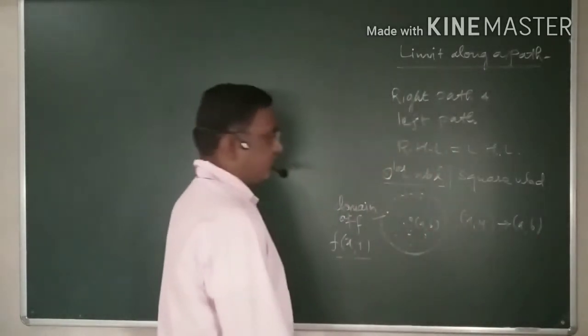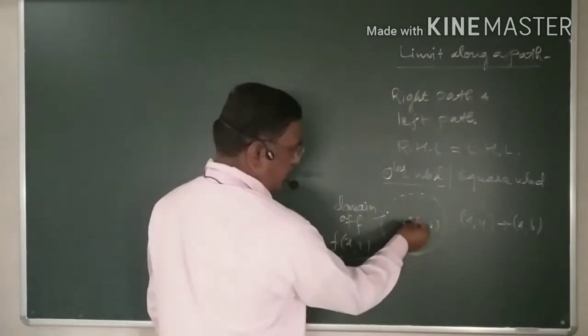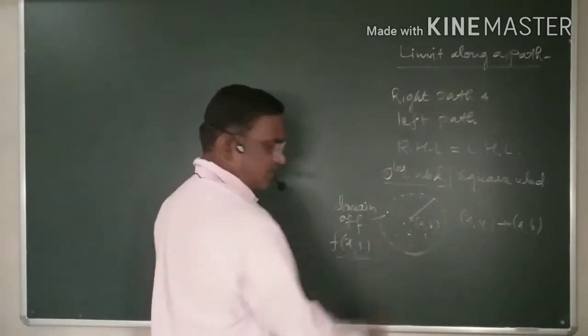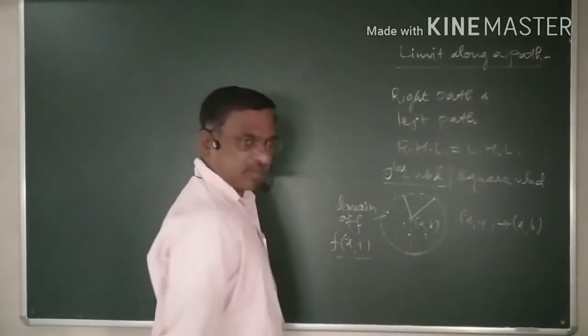(x, y) tends to (a, b), meaning that if (x, y) is a point here, then it will tend to (a, b) in this direction. If (x, y) is here, then it will come here.